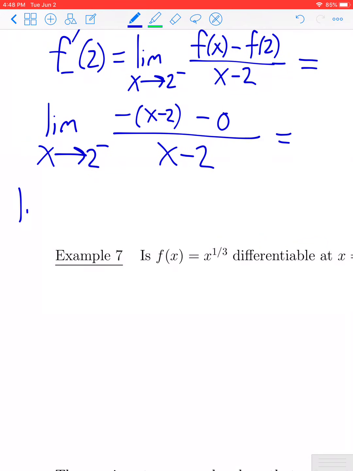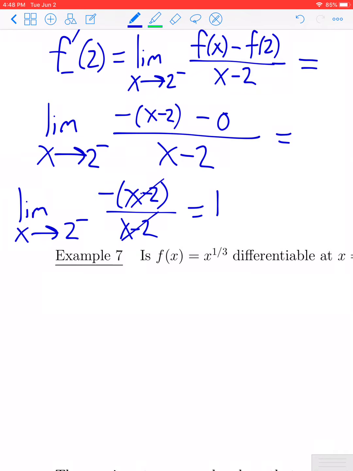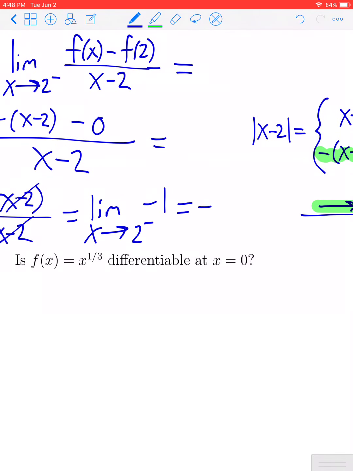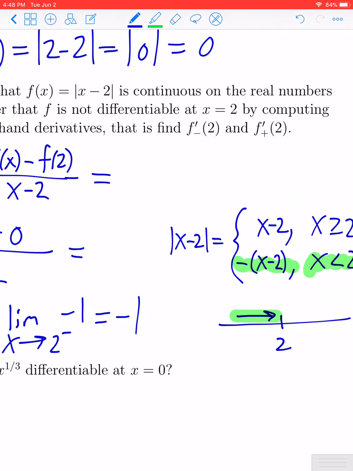This is equal to the limit as x approaches 2 from the left of negative x minus 2 divided by x minus 2. Notice that the x minus 2's cancel, and so we get the limit as x approaches 2 from the left of the constant negative 1, and the limit of that constant is simply negative 1. So the left-hand derivative at 2 has a value equal to negative 1.